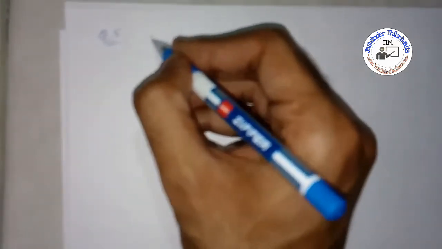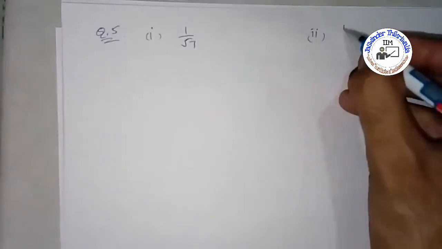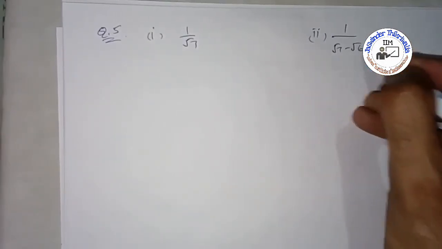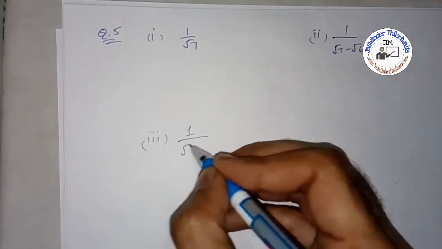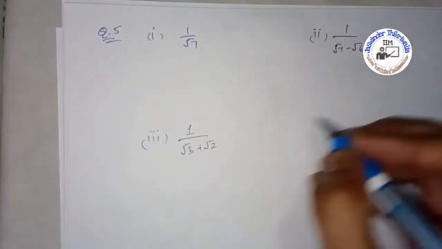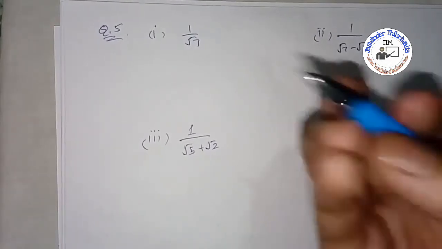The first question is from question number 5. First part 1 upon under root 7, second part 1 upon under root 7 minus under root 6, third part 1 upon root 5 plus root 2, then fourth part 1 upon root 7 minus 2. I am giving you a hint.